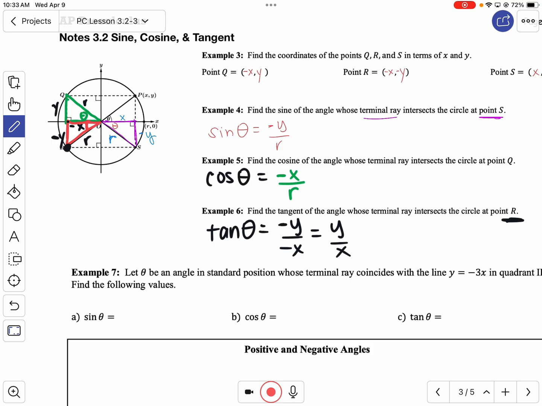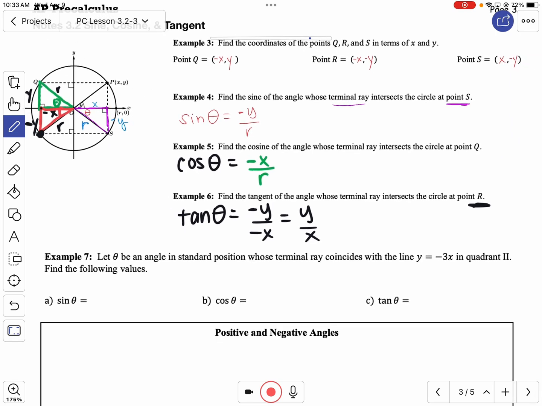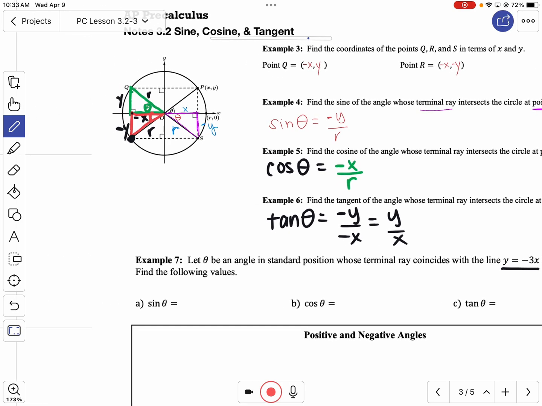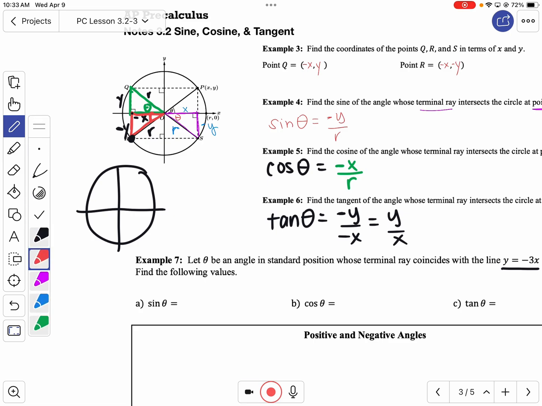Yes, ma'am. All right, look at this one. So this time we've got this whole circle, but they tell me that the terminal ray coincides with the line y equals negative 3x in quadrant 2. So I'm going to sketch me a circle. And then I'm going to sketch the line y equals negative 3x, because that's going to be important.